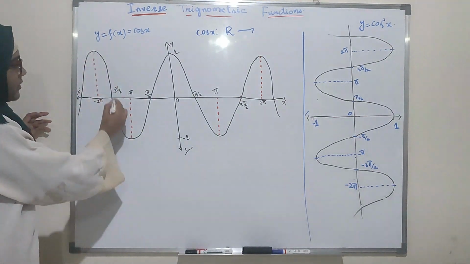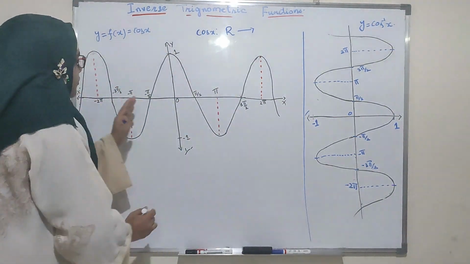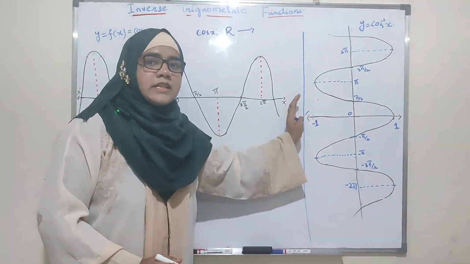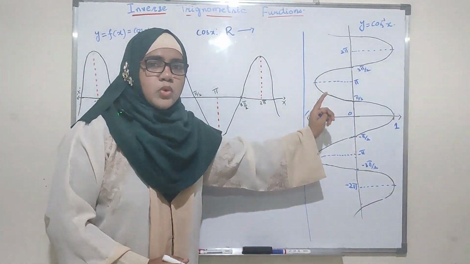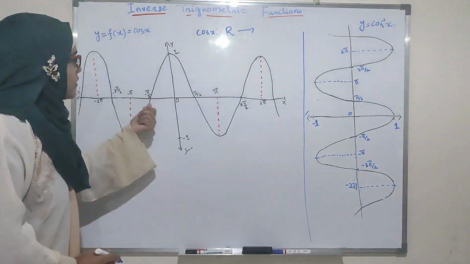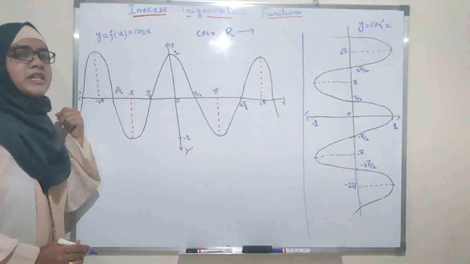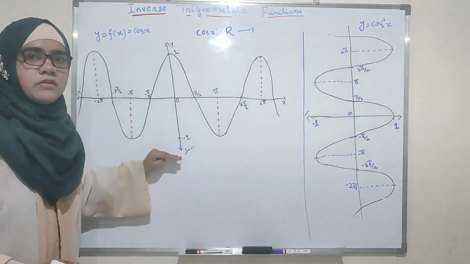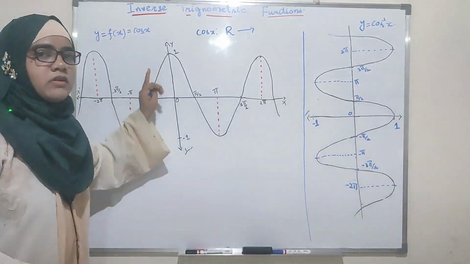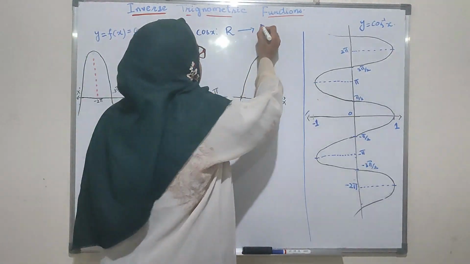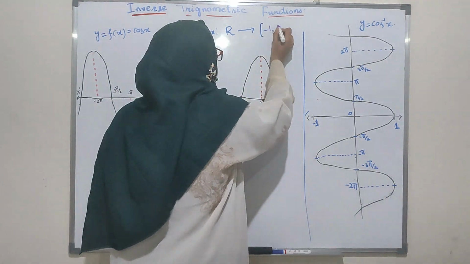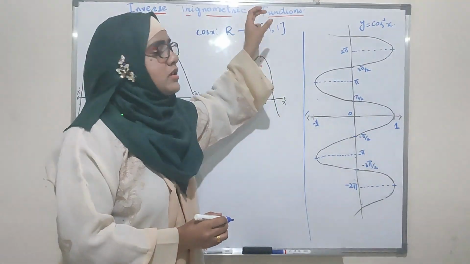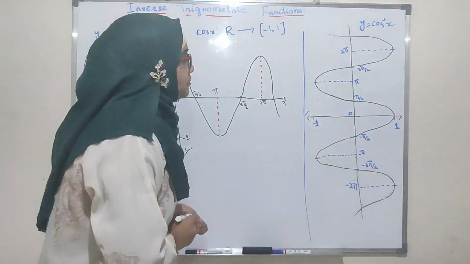It continues like this, on the plus side going to plus infinity and on the other side going to minus infinity, but it will not go beyond +1 or -1 on the y-axis. That's why we are taking the range as +1 to -1, and both +1 and -1 are included. So it is a closed interval.